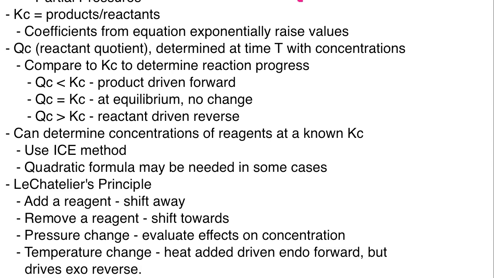For a change in pressure, that one's a little bit trickier. We have to evaluate the effect that that change in pressure had on the concentration. So specifically, if some reagents are going to be squared or cubed or to the fourth power based on their coefficients, those are going to see a greater change in concentration when we have the pressure changing.